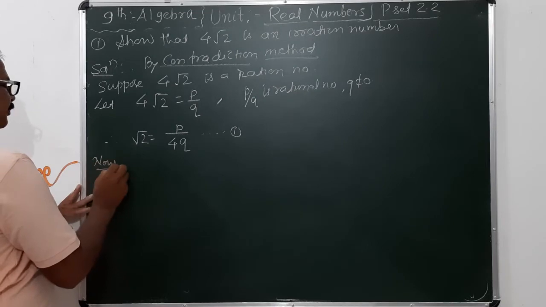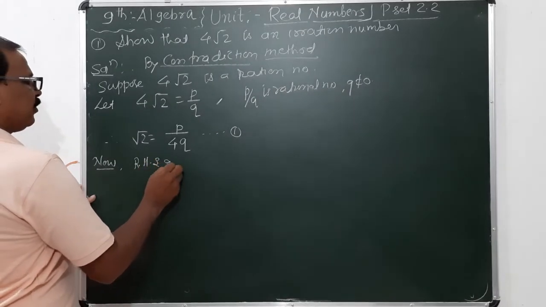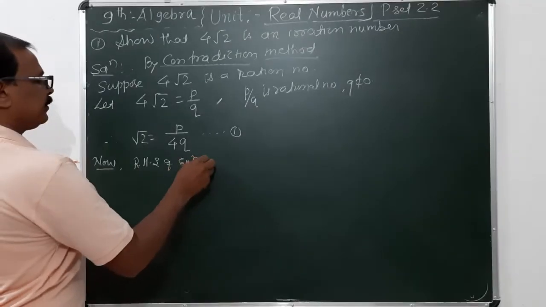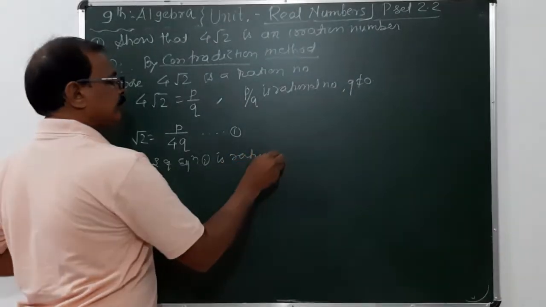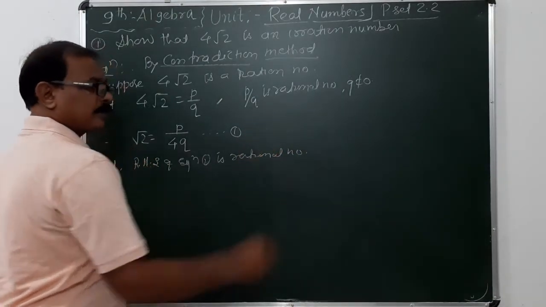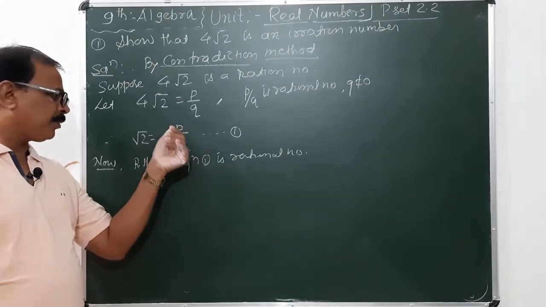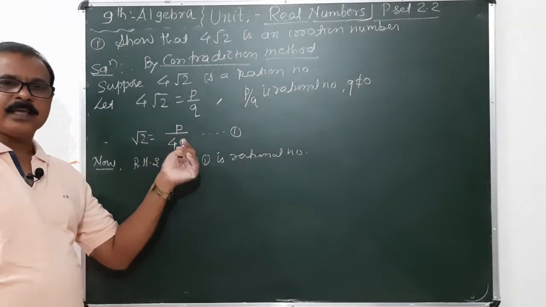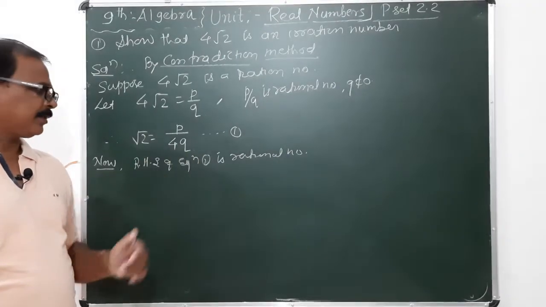Now, the RHS of equation 1 is a rational number. p by q is a rational number, and therefore p upon 4q is also a rational number.